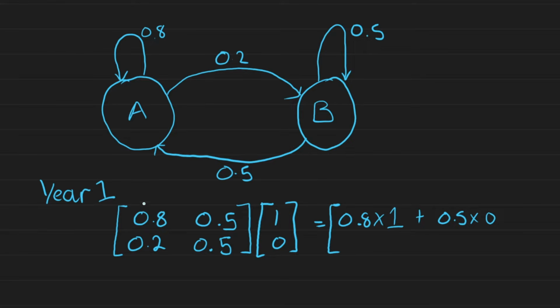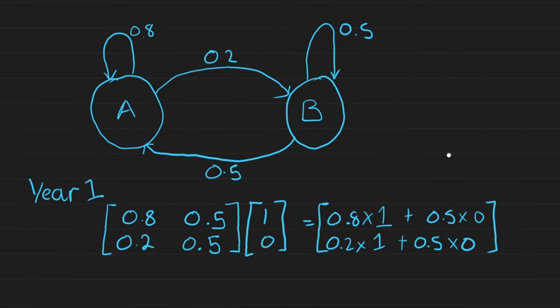When we multiply this out, we are saying that 80% of the people in region A, which started off as 100%, are going to remain in A, plus 50% of the people in B moving to A. Then we do the same thing for region B. 20% of A have moved to region B, and 50% of region B have remained in region B. Of course, our starting point for B is 0.